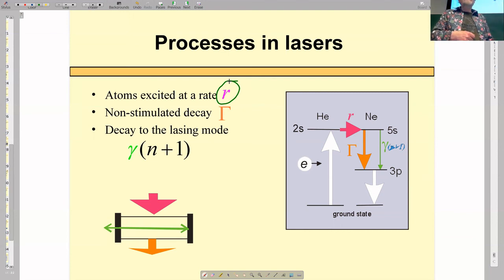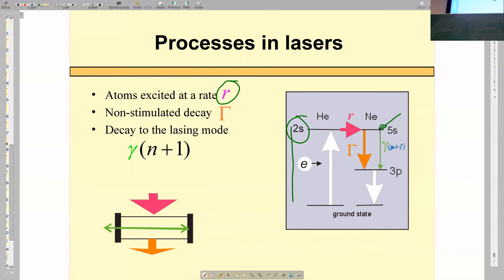What they used to do with discharge is to energize helium atoms, and due to the collisions, helium atoms go precisely to a state that matches a certain excited state of the neon atom.